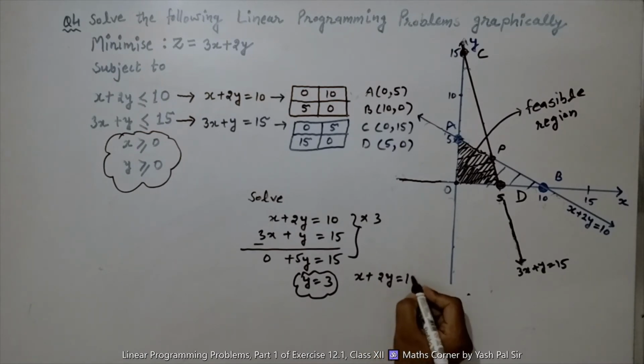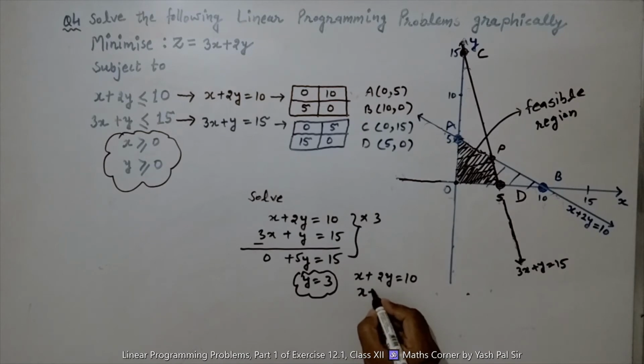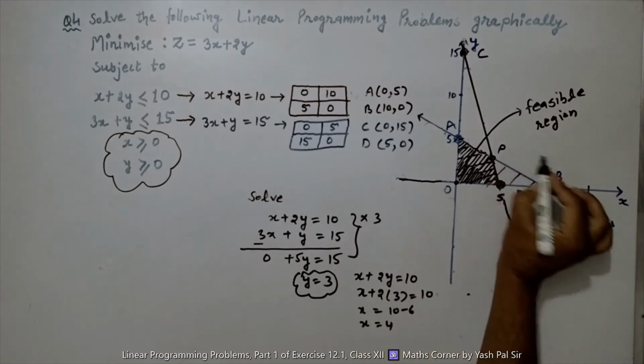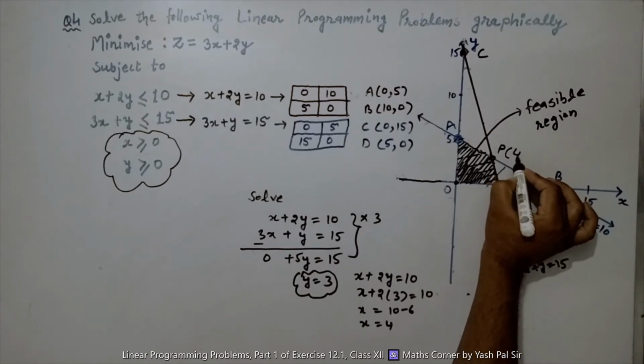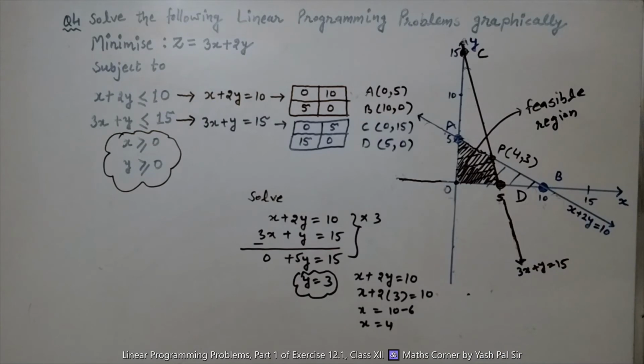The first equation is x plus 2y is equal to 10. We put y is equal to 3. So we have x plus 2 into 3 is equal to 10. So x is equal to 10 minus 6, so x is equal to 4. So x is 4 and y is 3.